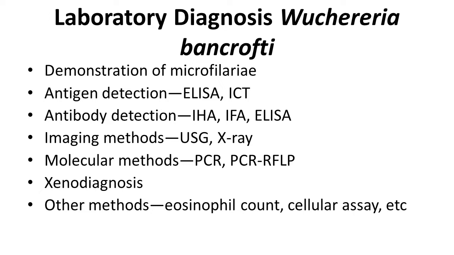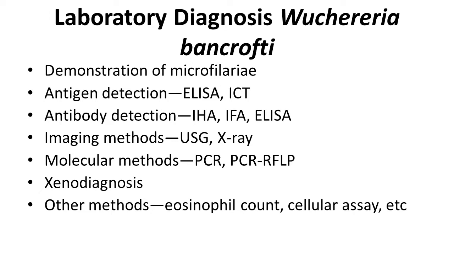Or sometimes we can use a stained smear. Here we have to use a thick blood film, and before staining we have to dehemoglobinize, that means destroy the red cells, and then go for staining. We can use Giemsa stain or Delafield stain to detect the microfilaria.